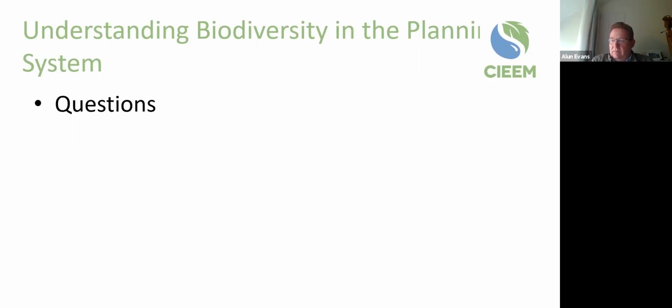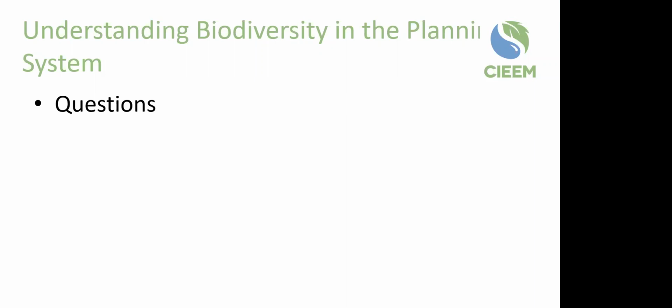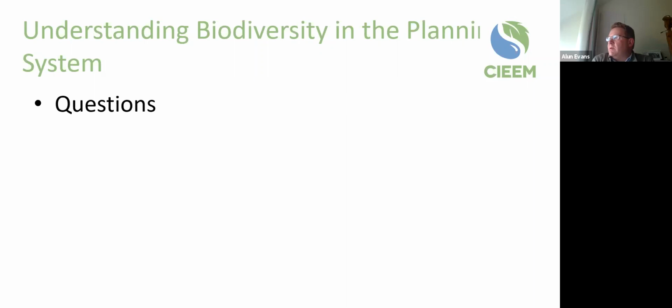So yes, it still would allow it, but the impacts still need to be addressed. Obviously, one exception would be ancient woodland, where the NPPF is quite strong on its retention.